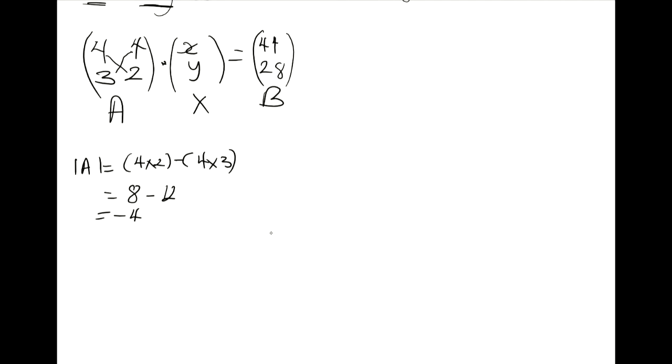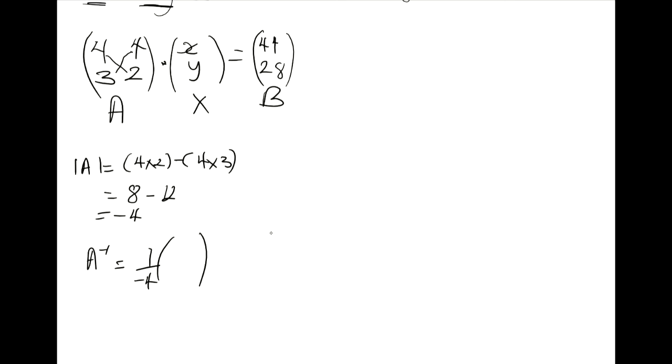Once you have that, you can find your inverse of A. The inverse of A is equal to 1 over your determinant, which was negative 4, multiplied by what we like to call the adjoint. You see how we multiplied 4 by 2 and 4 by 3? You're going to use those same numbers, but in different ways.